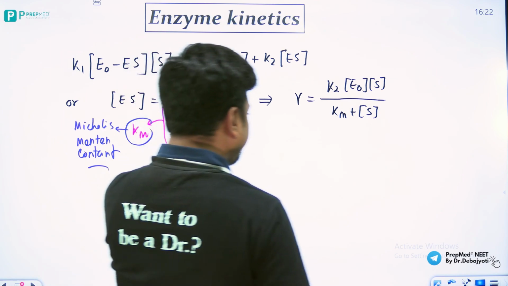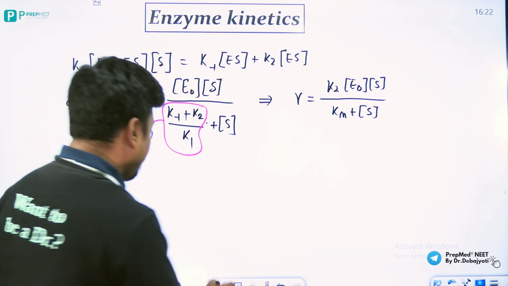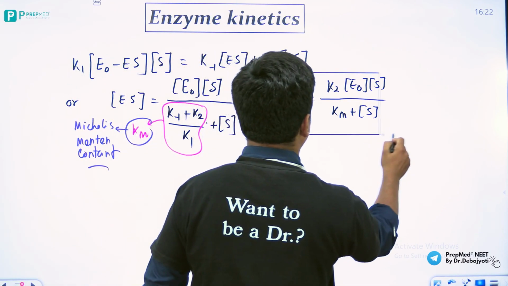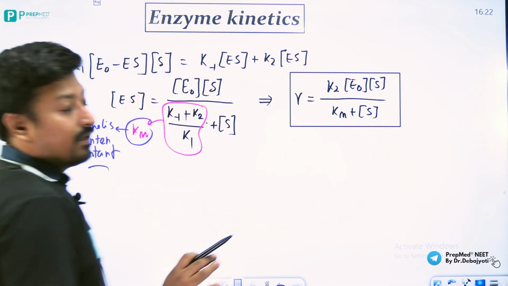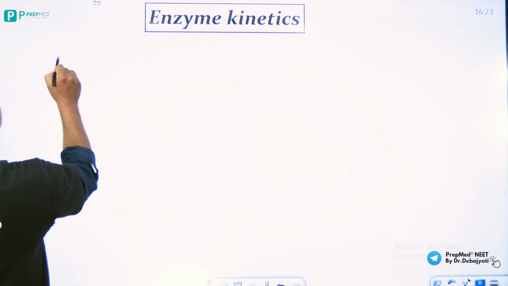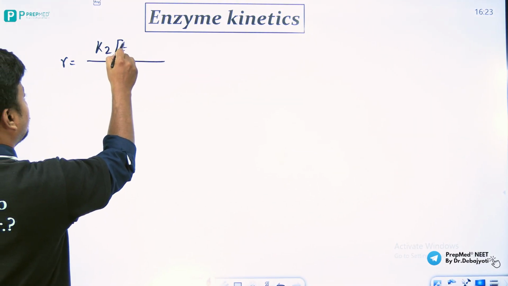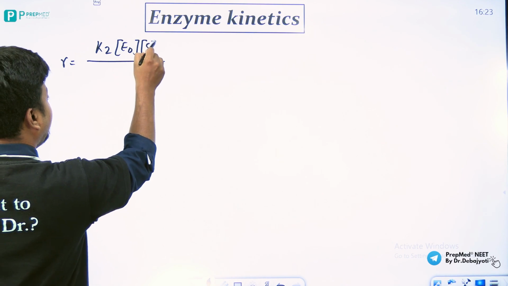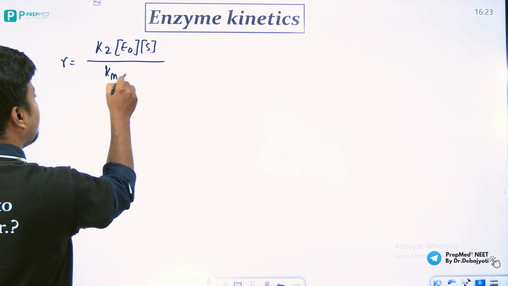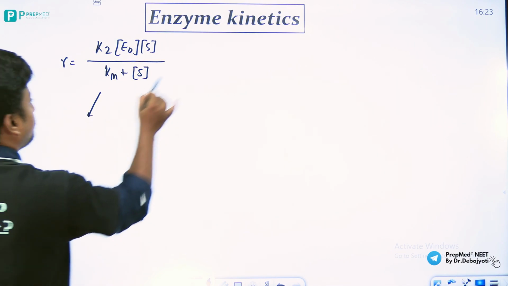This is a very, very important equation, and two cases are possible from here. Let's rewrite the equation once again: rate is equal to K2 into E0 into S divided by Km plus S. Now two conditions we can get from here.